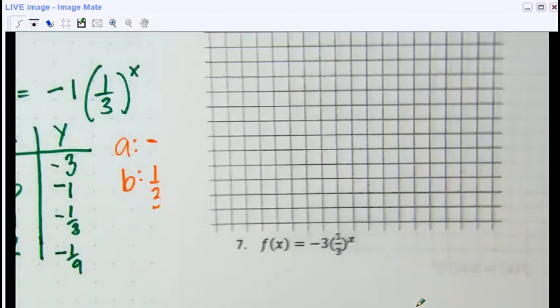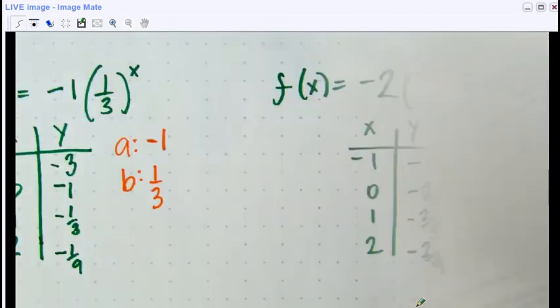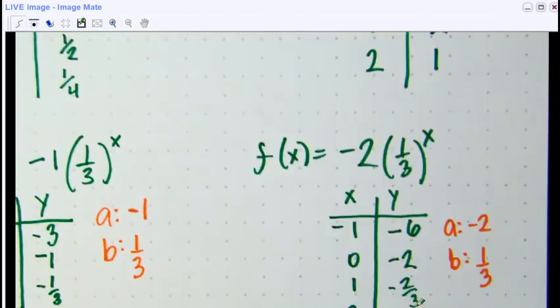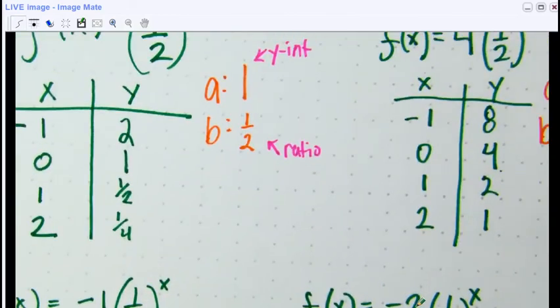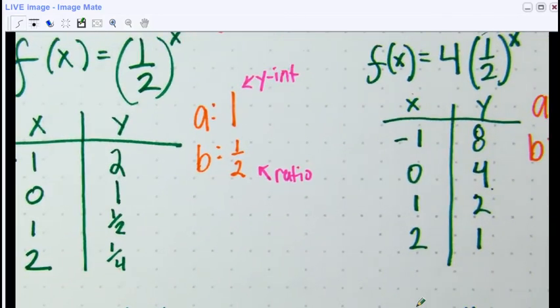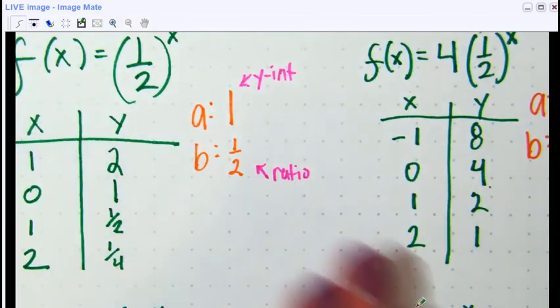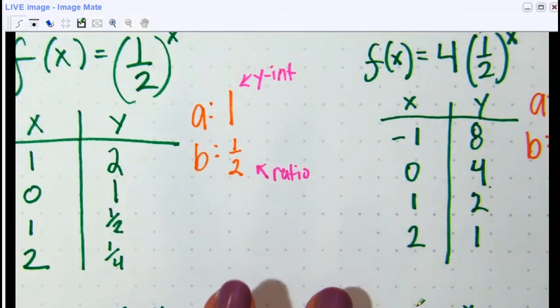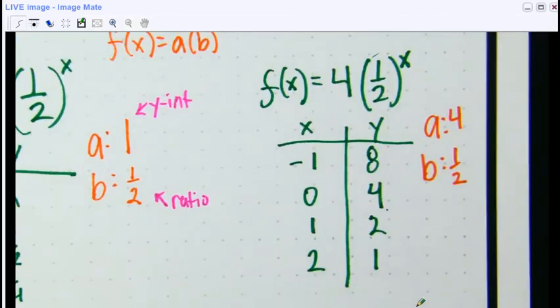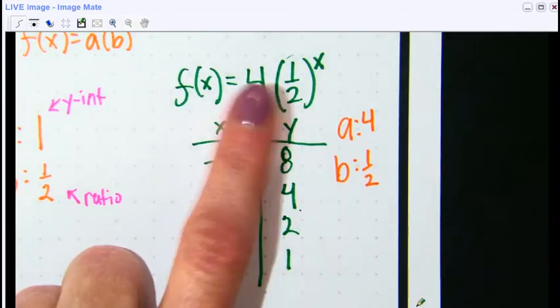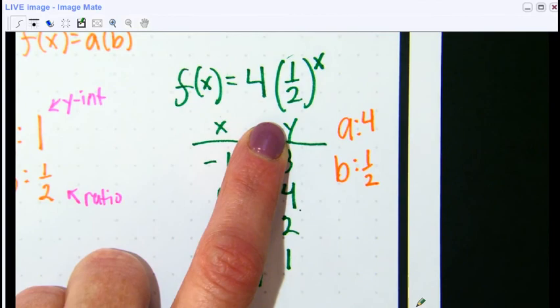So what you're going to have to do, and what you'll notice too, is we did a second function. You don't have to do both like I did here. This was just so that we could compare what happens when the A changes. So all you would have to do for number 1 would be this table because that matches the function, right?